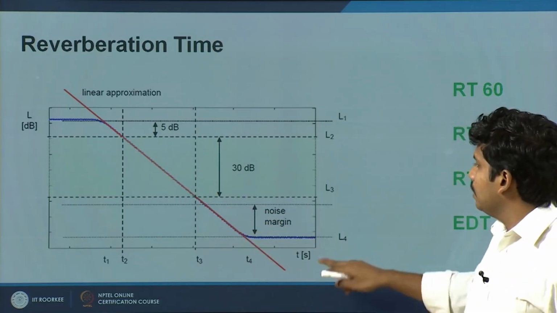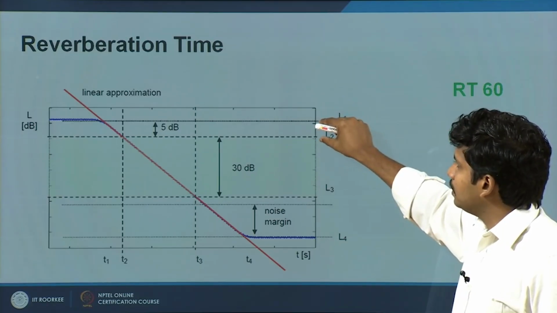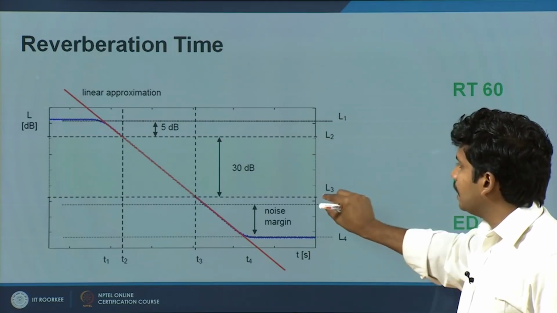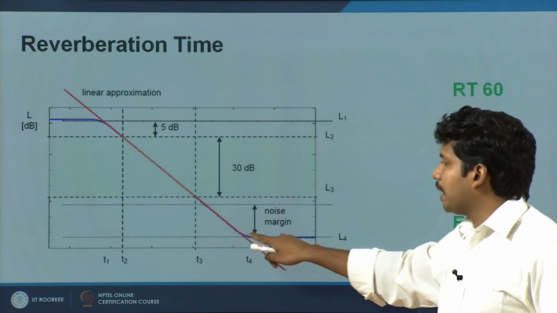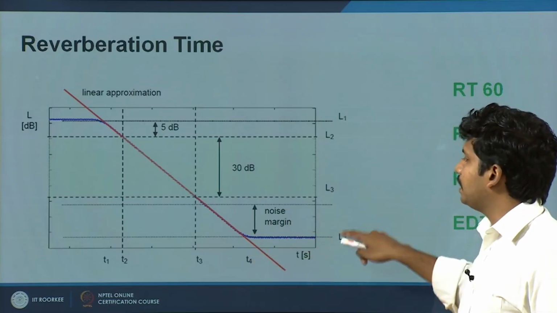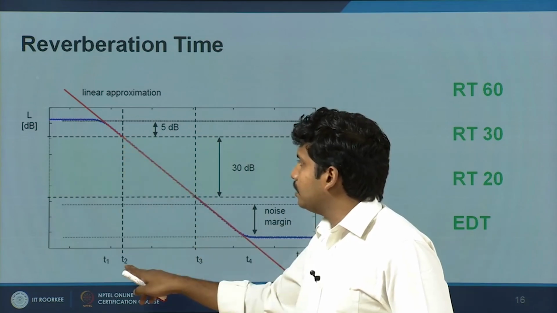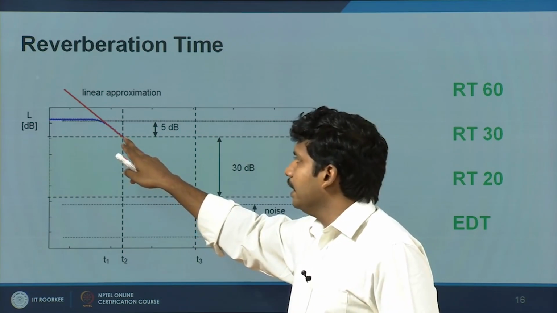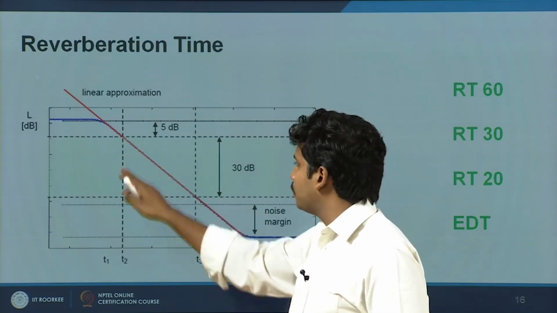As I said, you have level 1, that is the peak level, you leave a cushion of 5 decibel, you count the 30 dB decay, then another cushion, plus you keep a noise margin here. The background noise level, for instance, if it fluctuates between this, you have T1, it starts actually from T2 because you are leaving a cushion for specific undulations. It also has certain functions in terms of acoustic defects, we will talk about it.